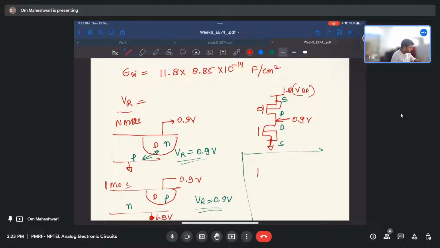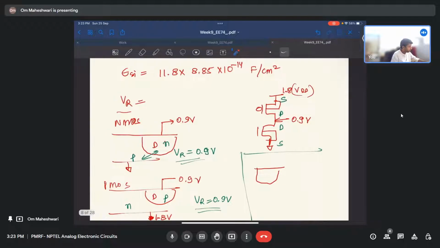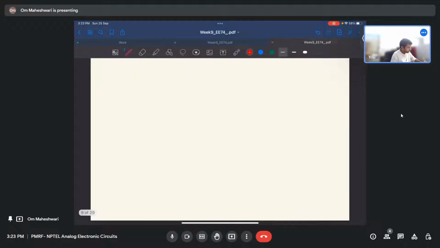And now the area. What will be the junction area? We have the junction here. Let us look at it in 3D.